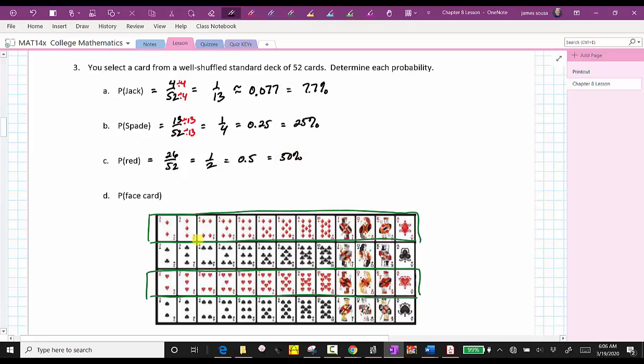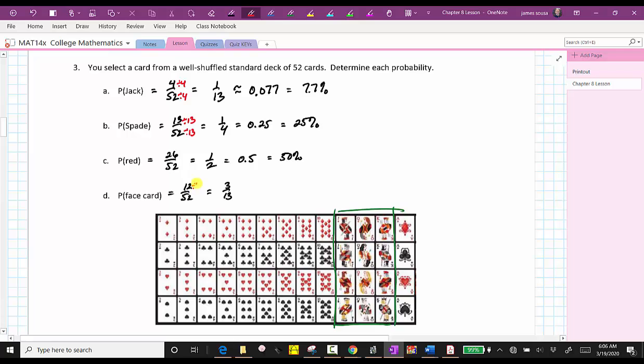Next, we want the probability of a face card. The face cards are the jacks, queens, and kings. There are 4 jacks, 4 queens, and 4 kings. There are a total of 12 face cards. Out of 52 cards, the probability is 12 divided by 52, which simplifies to 3/13.